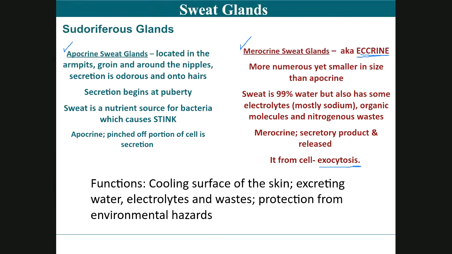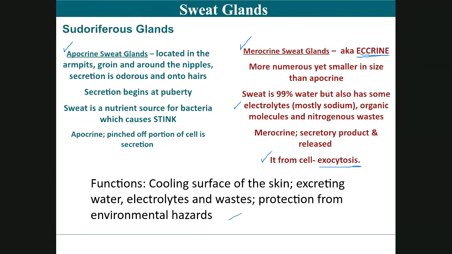So they're the sweat glands that exist on the top of the skin. Their purpose is secreting sweat, often when we're overheated. The sweat has electrolytes, some sodium, some organic wastes, and they secrete this in order to cool us off. So this is a merocrine form of eccrine secretion where it's through exocytosis. And of course, it's functioning to cool us off.